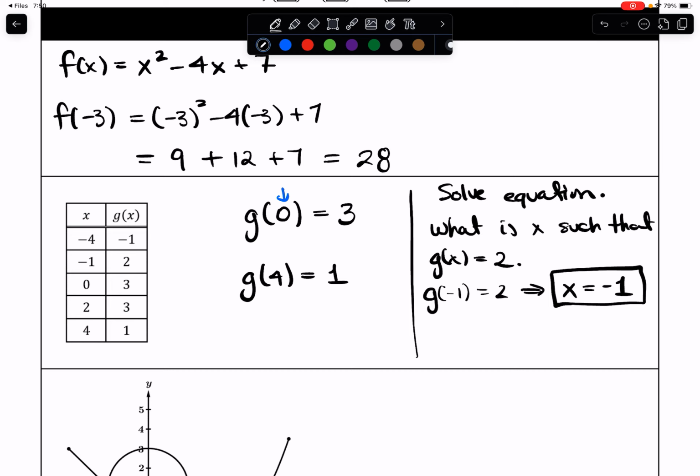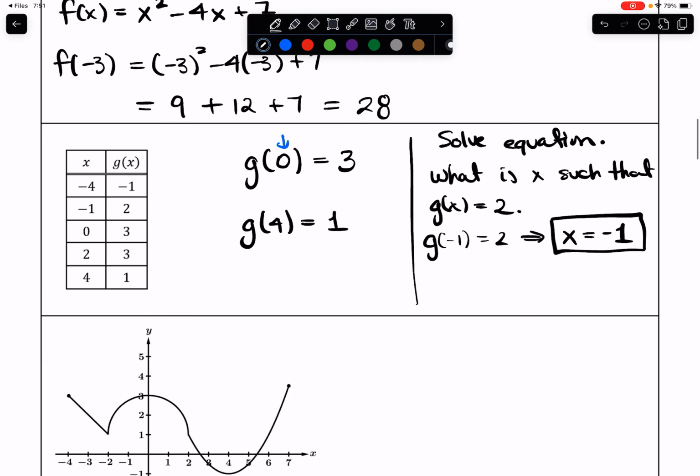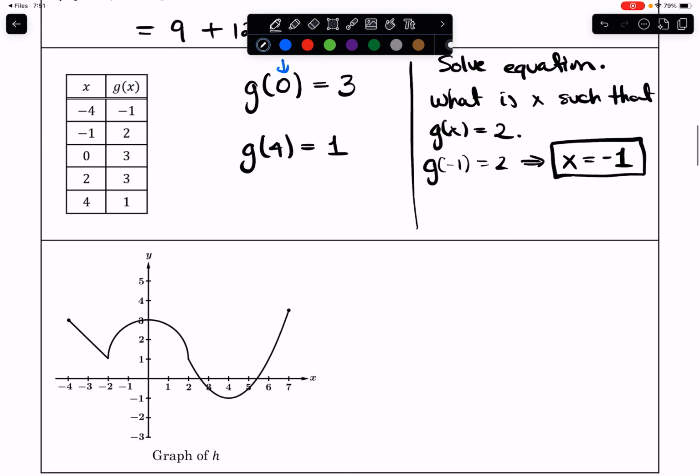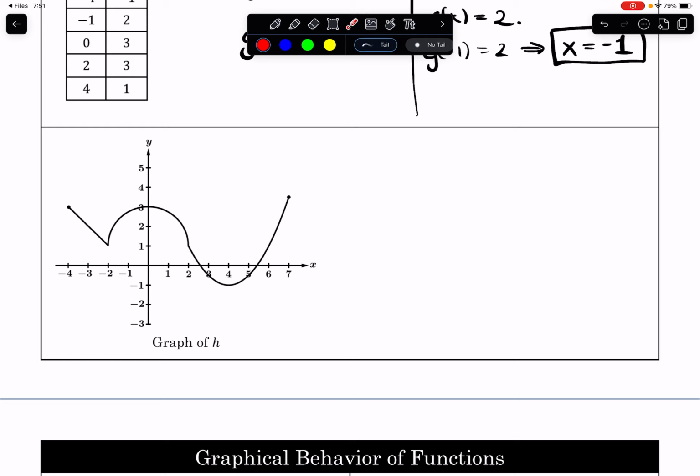So using tables again is very useful, not only to evaluate functions, but to also solve equations. Now, how can we use this same idea if we are given a graph? Well, remember, on a graph, normally our x-axis is represented by this horizontal line, and our y-axis, our y-values, is represented by this vertical line.